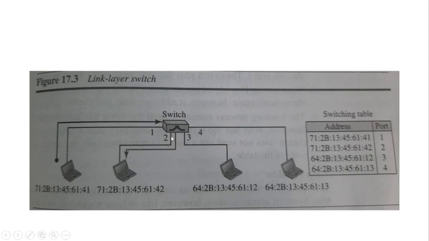the port number 2. What happened in a hub earlier was it forwards the frame to all the stations, but here, since it has the capacity of consulting the switching table and it has filtering capacity, it can check the source and destination address, and it will send only to the port to which that particular station is connected.